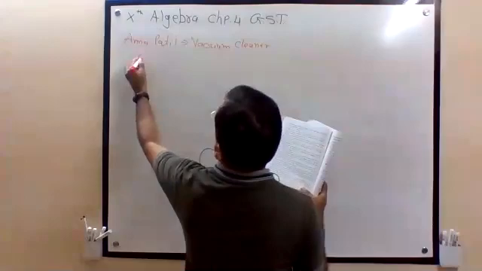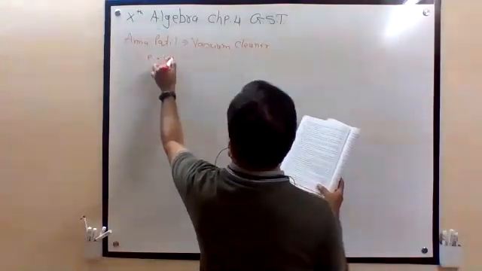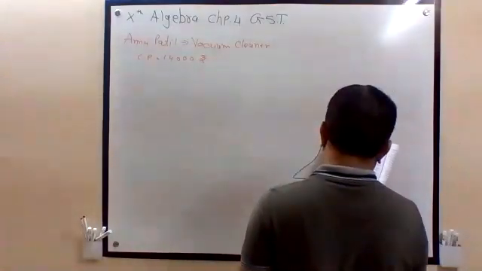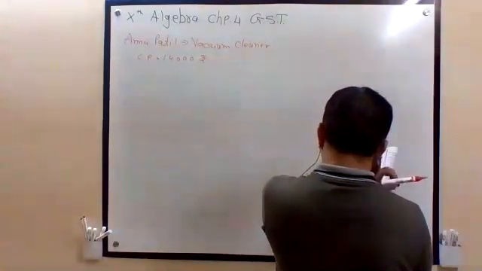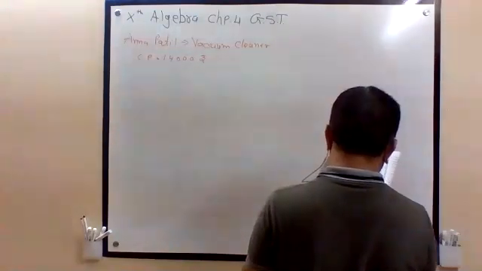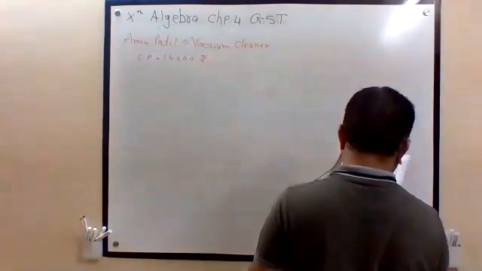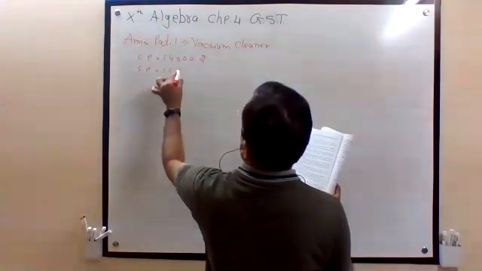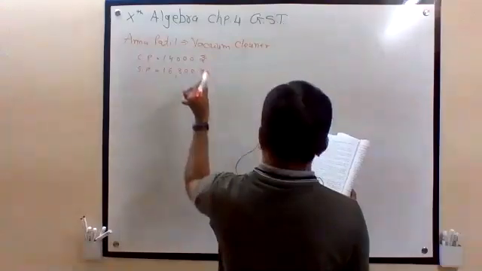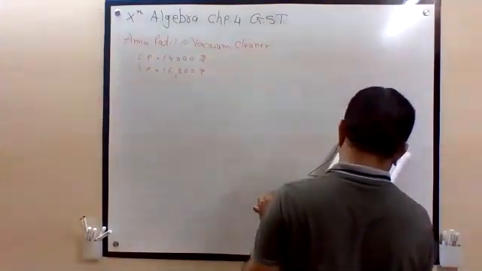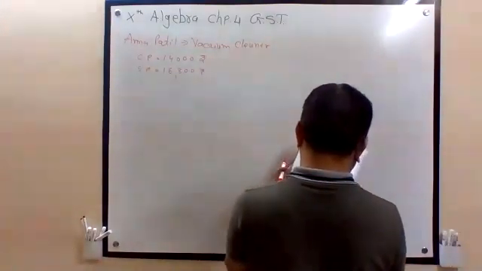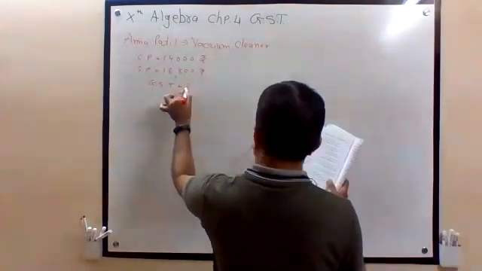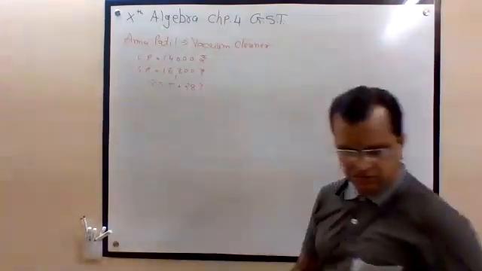Vacuum cleaner. Cost price is 14,000. Selling price. GST is equal to 28%.